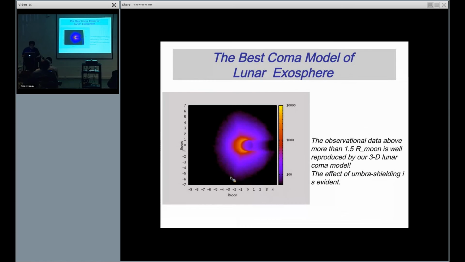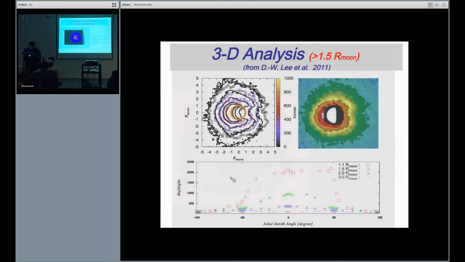Here is our best coma model for the lunar sodium exosphere. Here is the brightness map around the lunar limb. This is for the third quarter phase, the same as Flynn and Mendillo's data, and we can see the umbra shielding effect of the Moon and so on. So here is the best three-dimensional model which can explain all the observed brightness scales by Flynn and Mendillo.